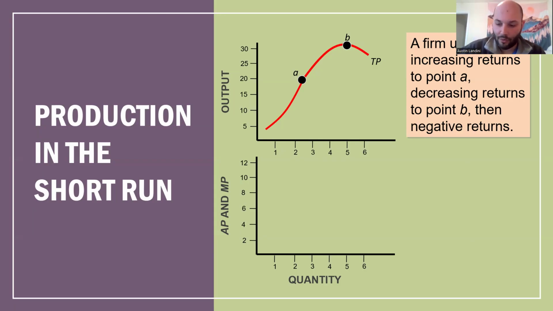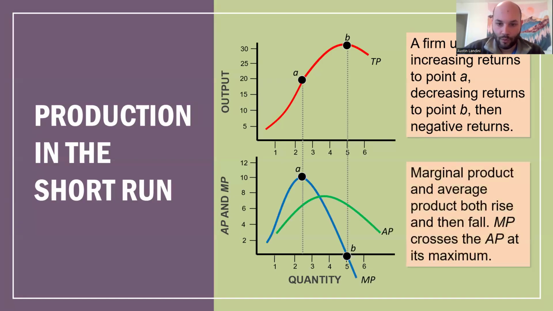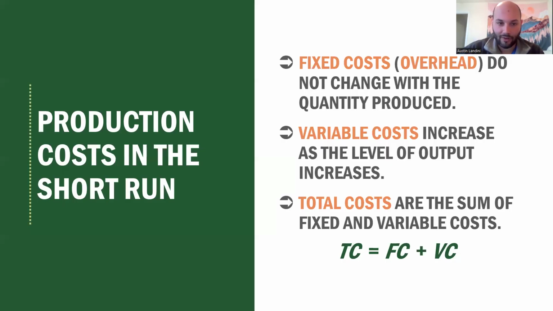So here, what we're assuming about costs is that we have some fixed costs in the short run, and then we also have variable costs, which increase as you produce more stuff. Right, so if you have a farm, you have a fixed farm size in the short run, and then you want to figure out what to plant.